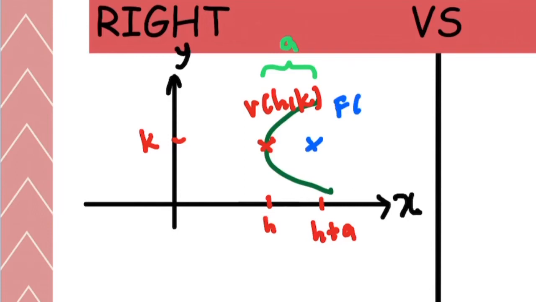When you move to the right, you must add to the coordinate. Therefore, you can see here your focus, the x coordinate is h plus a. How about the y coordinate? The y coordinate doesn't move. It stays on this point here. So the y coordinate is k.